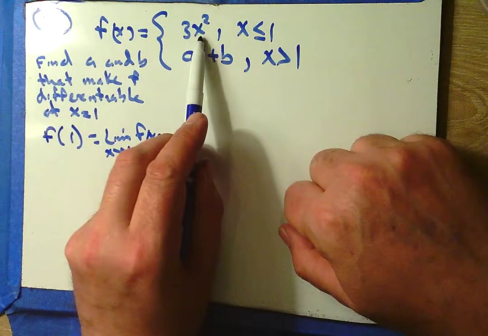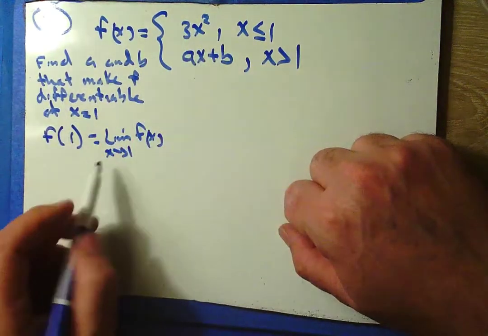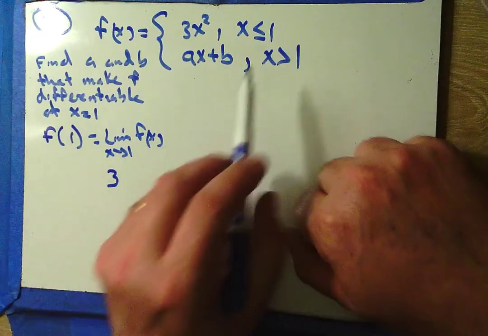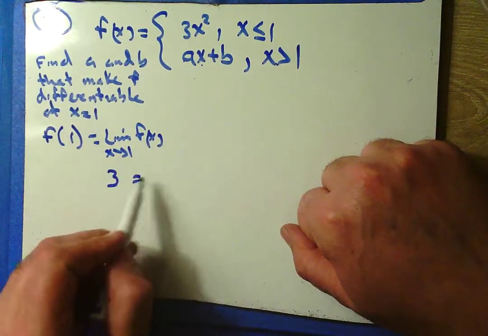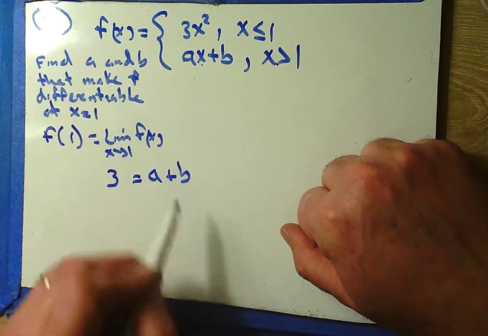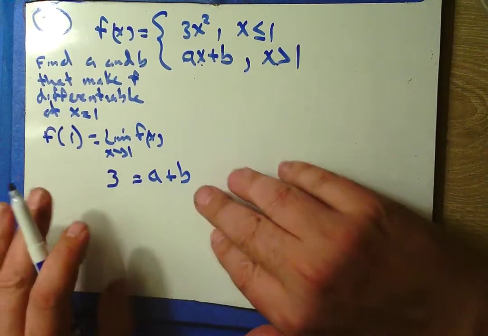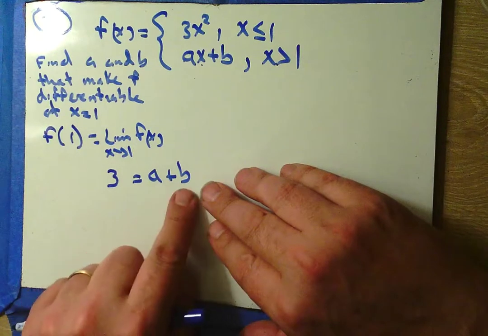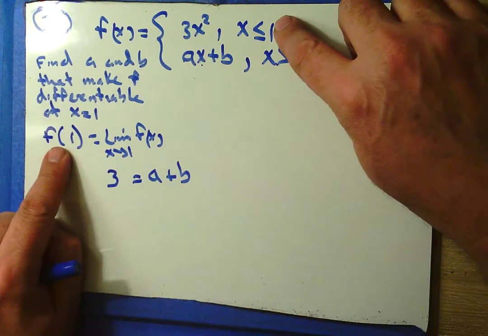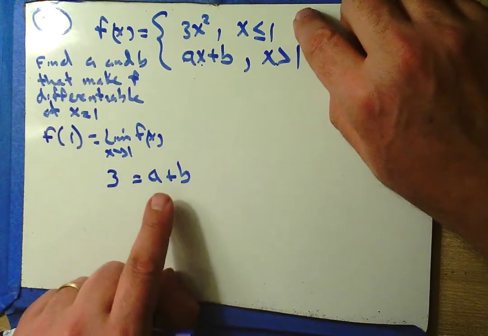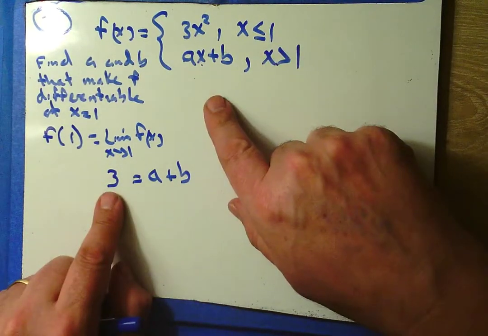If we plug a 1 in here, 1 squared is 1, 1 times 3 is 3. And if we plug a 1 in here, 1 times a is a plus b. So in order for the function to be continuous, a plus b needs to equal 3. Here we have f of 1, and the limit will be a plus b needing to be equal to 3.